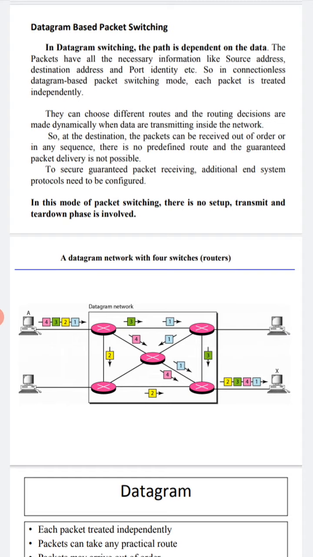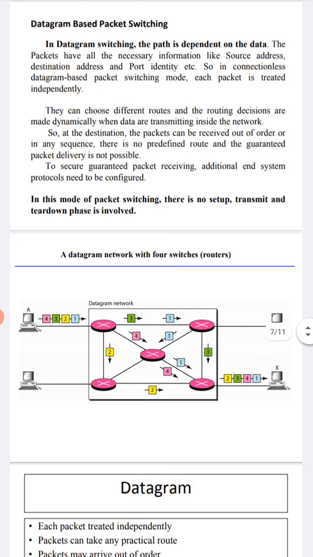In connectionless datagram based packet switching mode, each packet is treated independently. Each packet can choose different routes, and the routing decisions are made dynamically while data is transmitting inside the network. So at the destination, the packets can be received out of order or in any sequence.